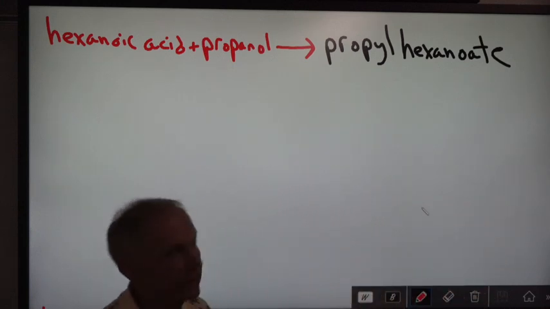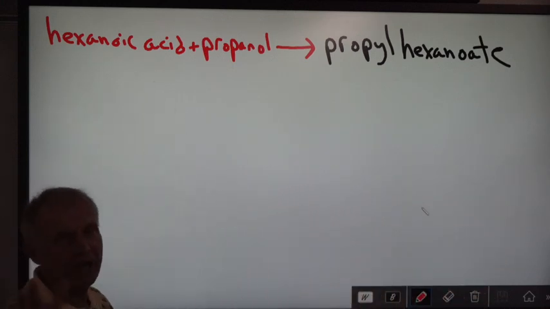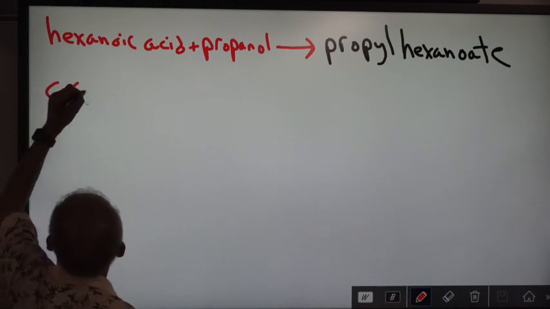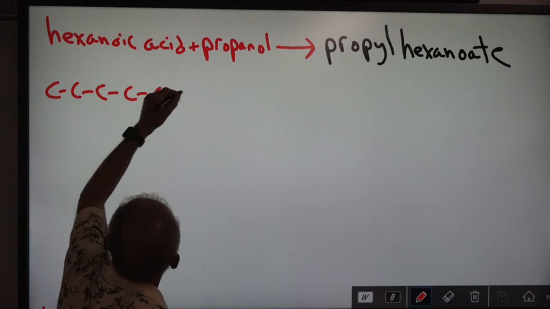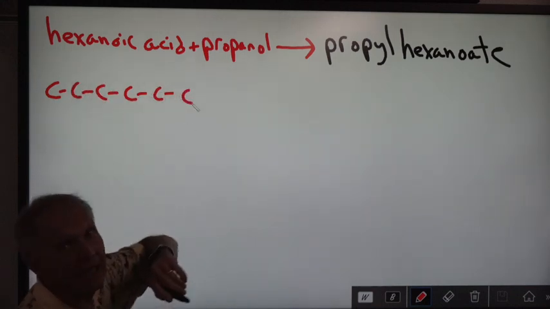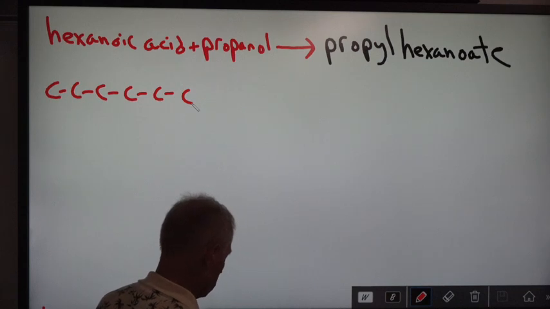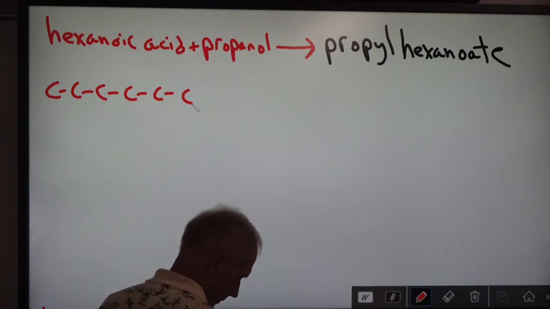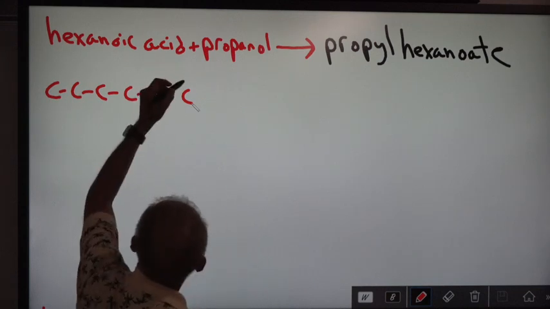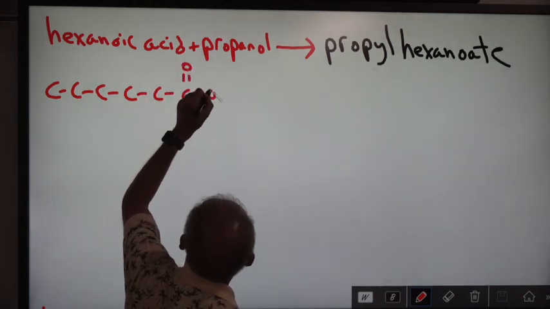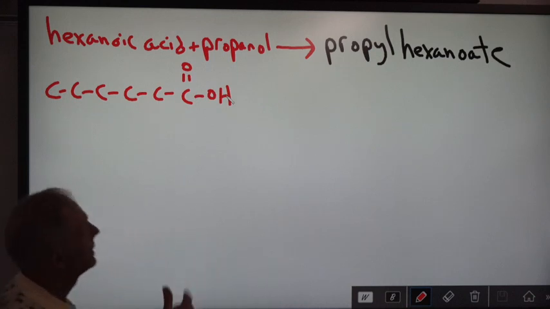Now we got to build it. So hex means 6 carbons. And since it's an organic acid, we got a COOH at the end.